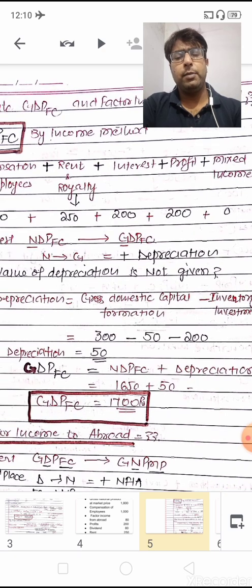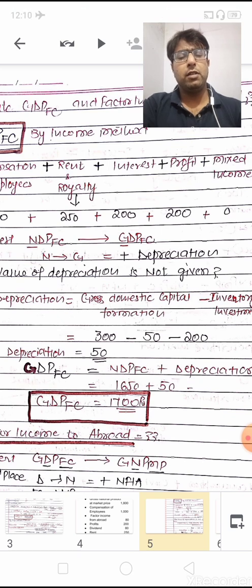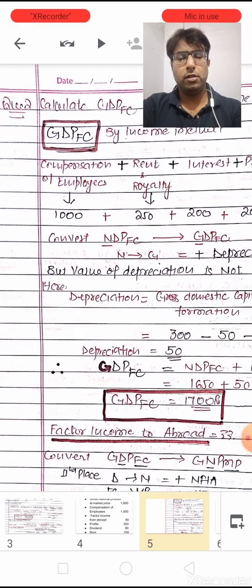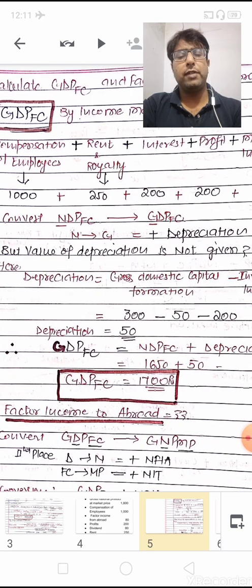Now children, NDP FC has to be converted to GDP FC. The conversion takes place when net is to be converted into gross, and we all know that we have to add the depreciation. But children, the value of depreciation is not given in this question. Now the depreciation value we can find out.